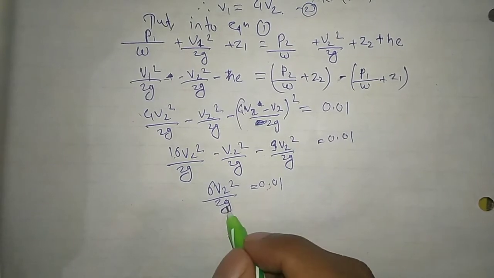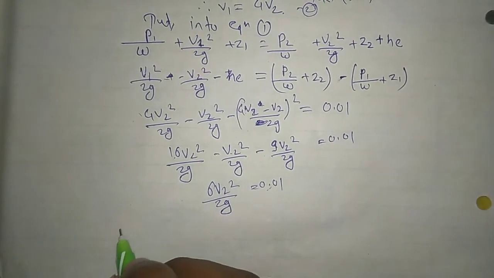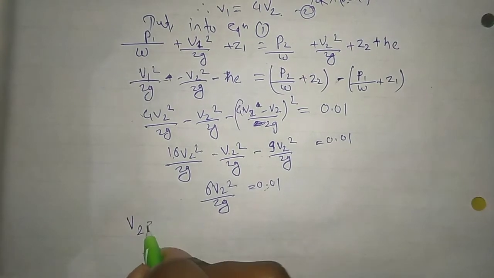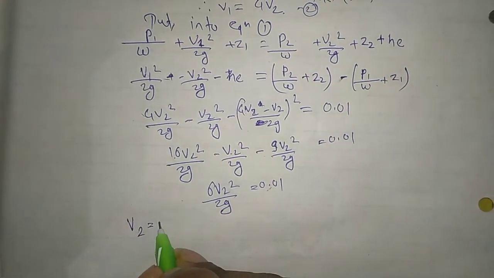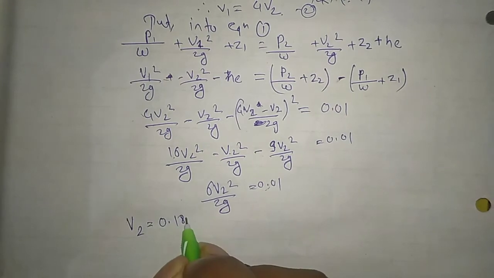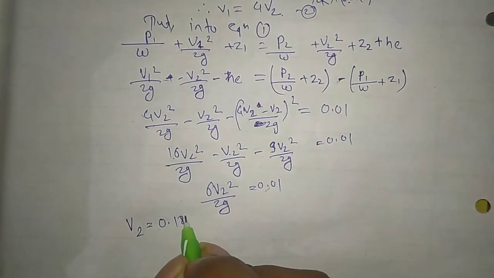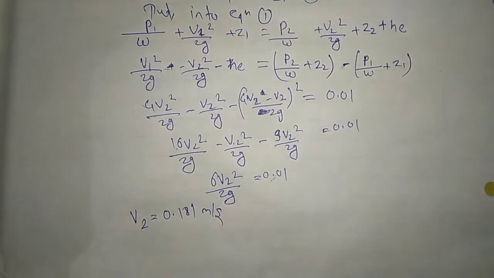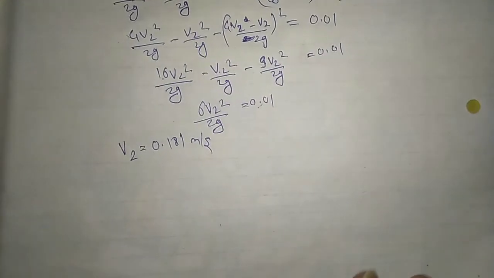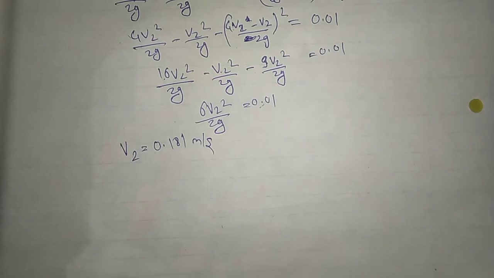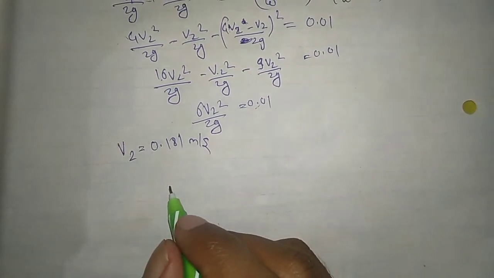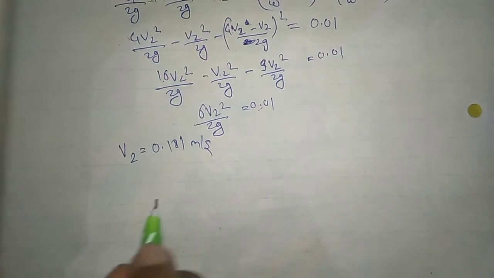If you put the value of g and take the square root, V2 will be 0.181 meter per second. This is the velocity of the liquid in the enlarged section.